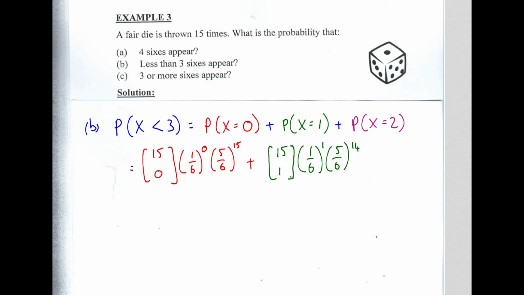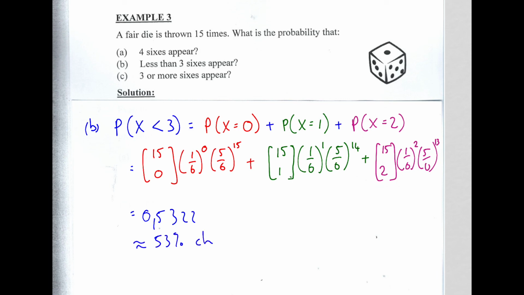All right, and then lastly, the probability of x equaling 2 will be 15 choose 2. Then 1 over 6 will be to the power of 2, and 5 over 6 will be to the power of 13. All right, sum those probabilities up together, and you get 0,5322, which is approximately a 53% chance.